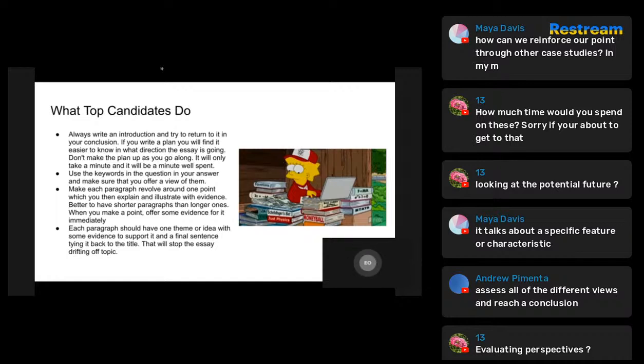So yeah, you can definitely reinforce your point through your own case studies. Whatever case study you think is relevant to help you establish that point or justify that point or contrast that point, use it. Okay, that will help you. So second bullet point, use the keywords in the question in your answer and make sure that you offer a view on them.